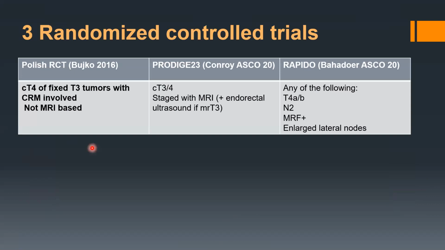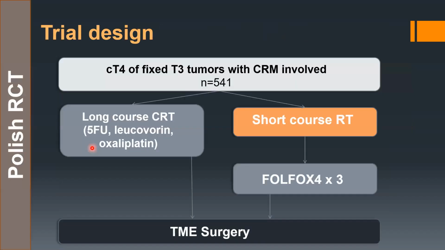There are 3 randomized control trials, one in 2016 and 2 recently published, which have looked at total neoadjuvant therapy in different settings. The Polish study looked at locally advanced tumors. The Prodigy study is any operable cancer. The Rapido study was again in loco-regionally advanced tumors.